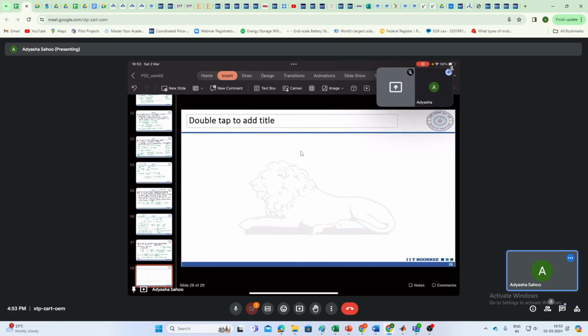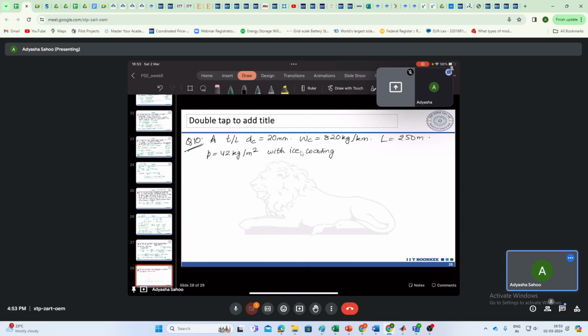Now last question. A transmission line having diameter as 20 mm, weight of the conductor as 820 kg per kilometer, span as 250 meter, wind pressure P as 42 kg per meter square, with ice coating of 15 mm, ultimate strength as 7000 kg, safety factor is 2.